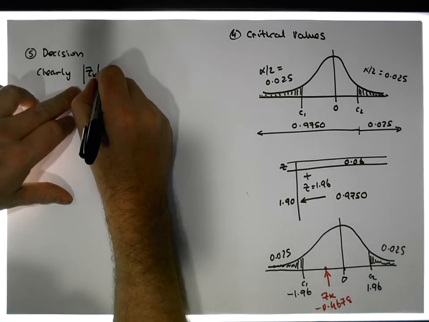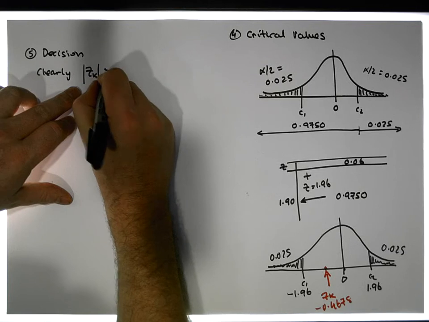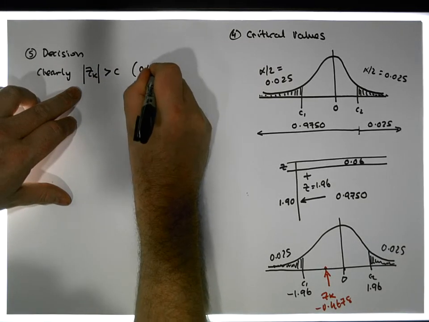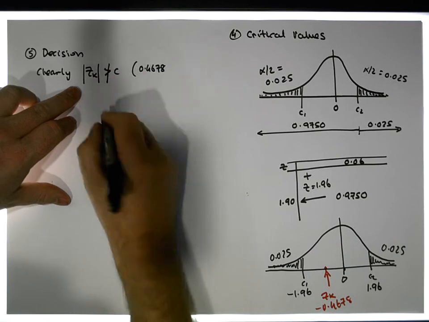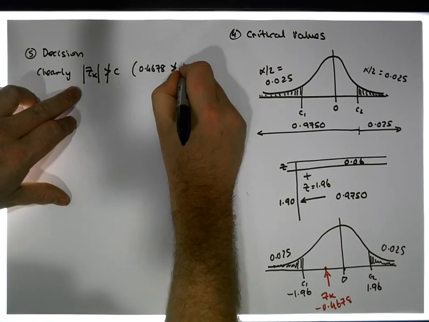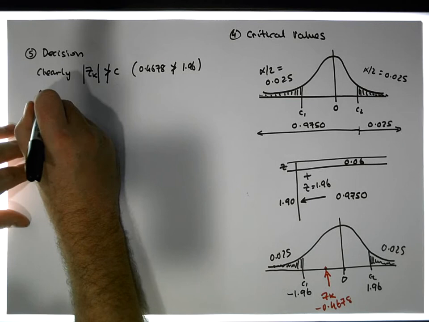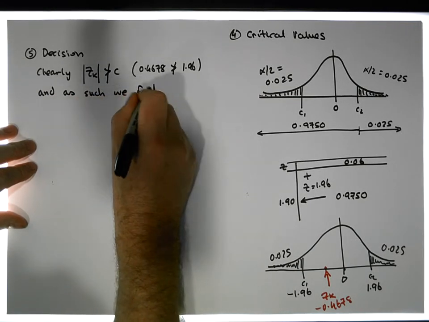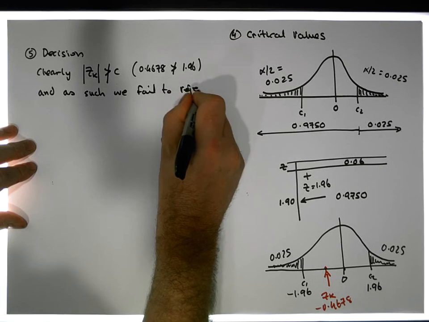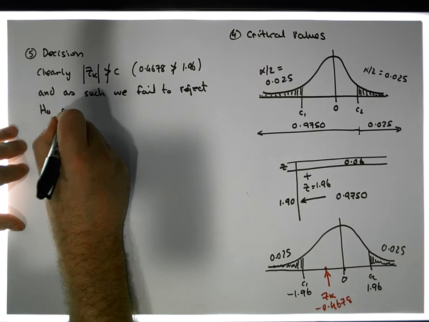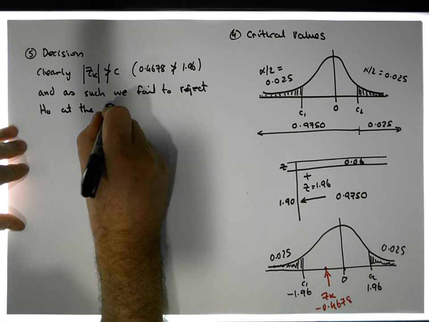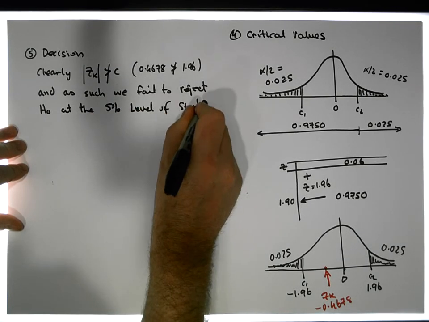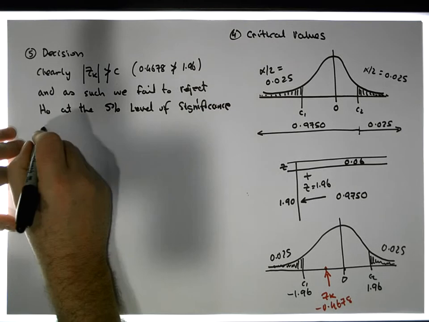The absolute value, 0.4678, is not bigger than my critical value of 1.96, and as such, we fail to reject H0 at the 5% level of significance.